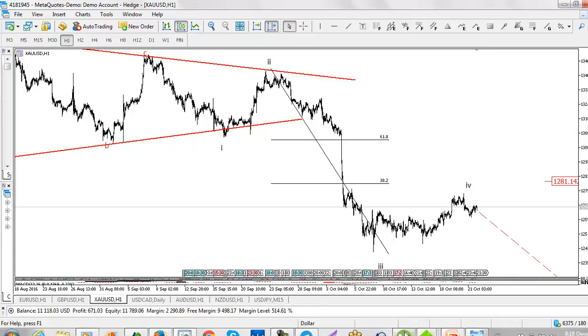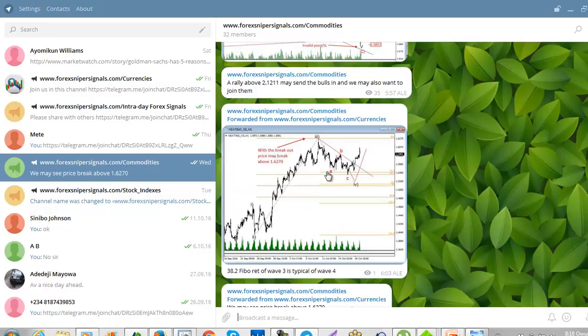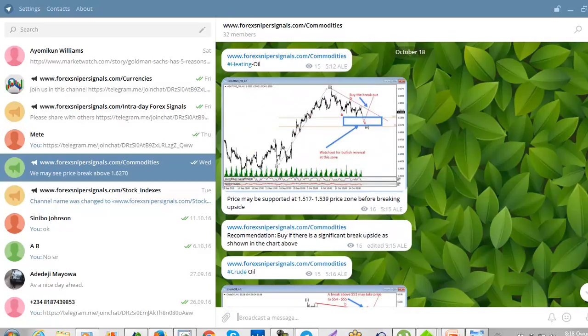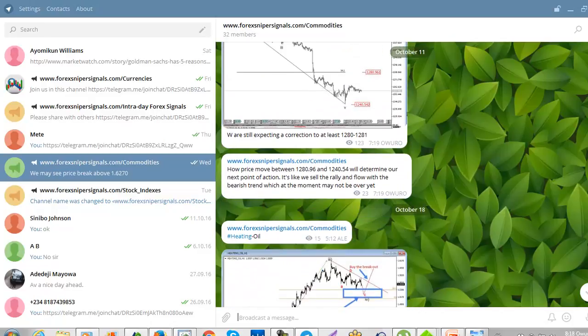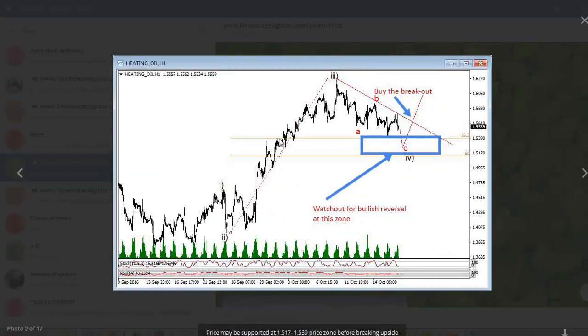And the next one we're going to be looking at in the commodity section is the heating oil. The next one we looked at was actually the heating oil, and then we're expecting after this move upside, we're expecting a corrective move around here.